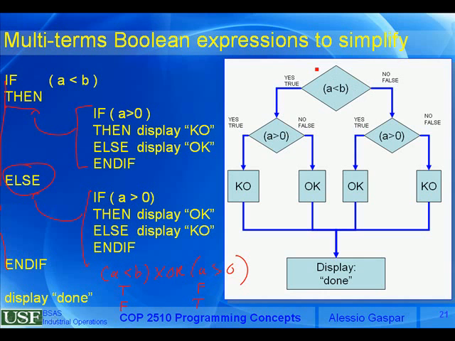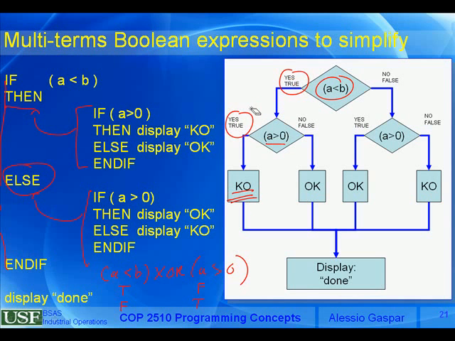So, let's have a look at how we can walk through this code, okay? I'm not drawing the truth table, but I'm doing exactly the same thing by hand by annotating the diagram, okay? My first conditional, if it's true, I look at my second term in the condition. If it's true, then both of them are true, I display KO.